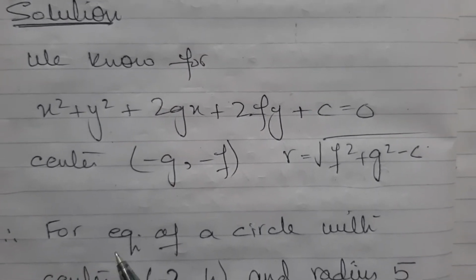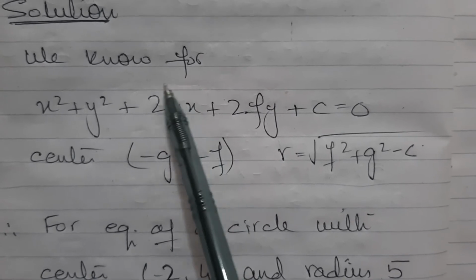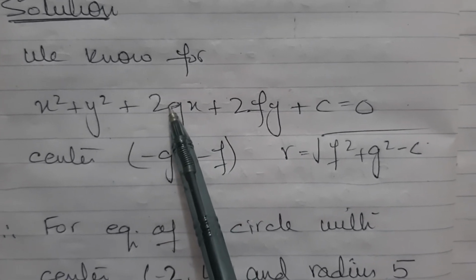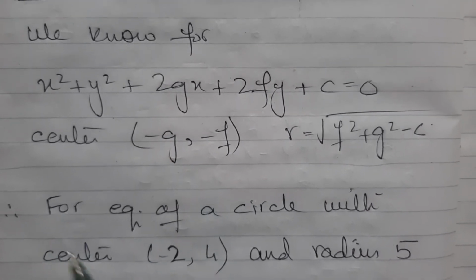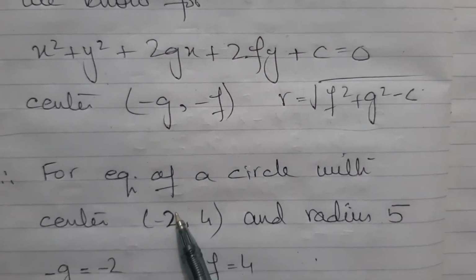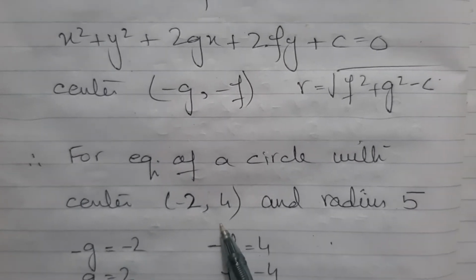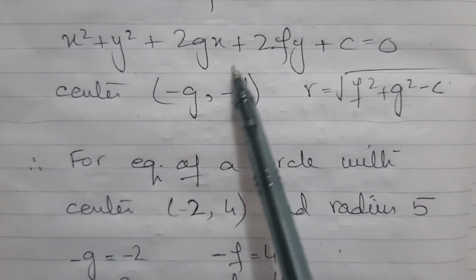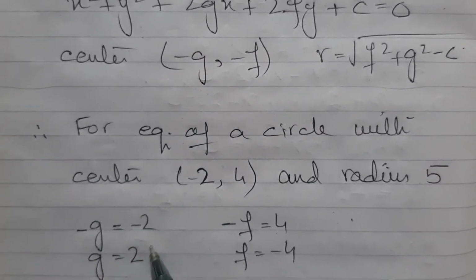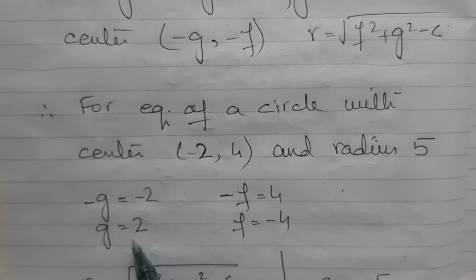Anyway, the important thing to note here is that the coefficient of x, which is unknown in this case, is g. So I'm writing this as the x coordinate of the circle. Coming back to here, the equation of a circle has center -2, 4. If I compare it with the center of the circle of this form, I can say minus g equals -2. So g is equal to 2.